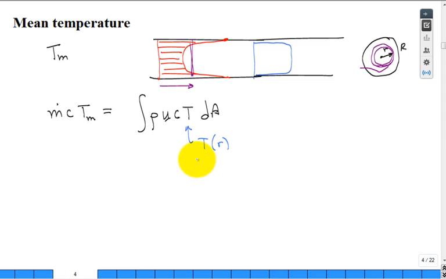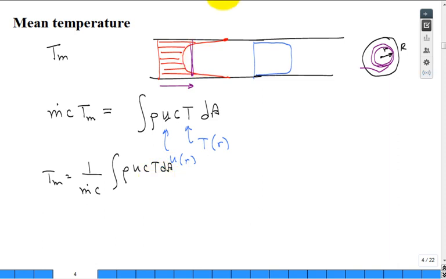Yeah. Is this U a function of radius? Yes, it is. I tried to sketch both of them up there to emphasize that. So here is my equation for T mean. It's 1 over the mass flow rate times the specific heat, the integral of density, U as a function of R, C, T as a function of R, dA.